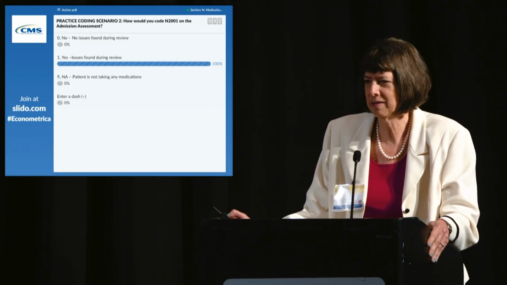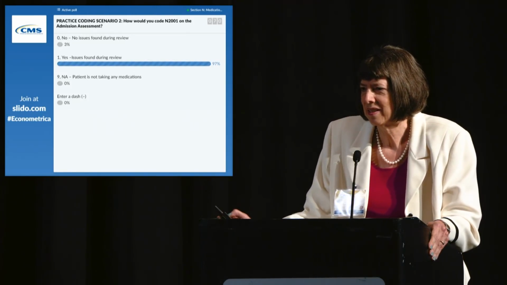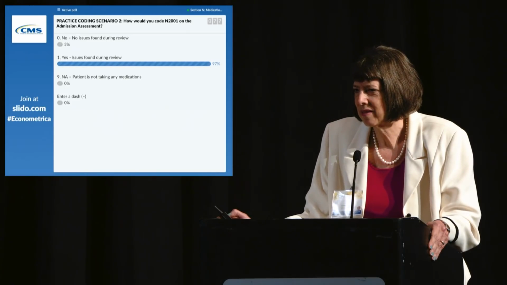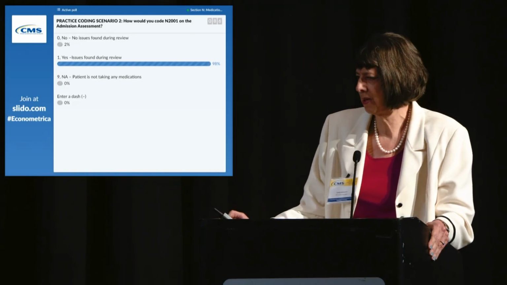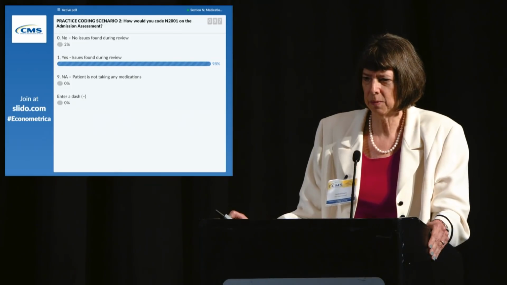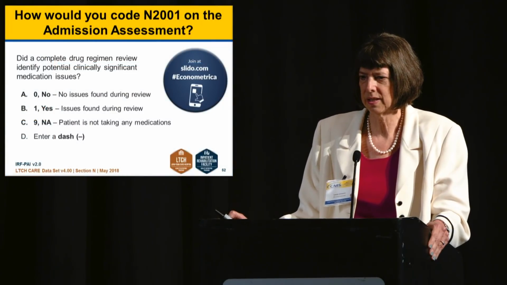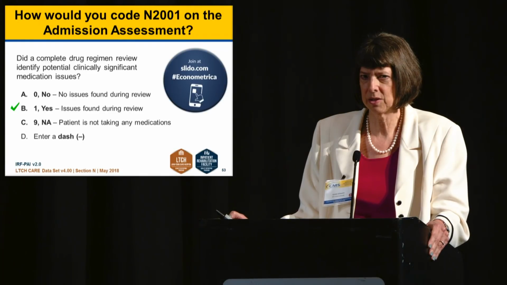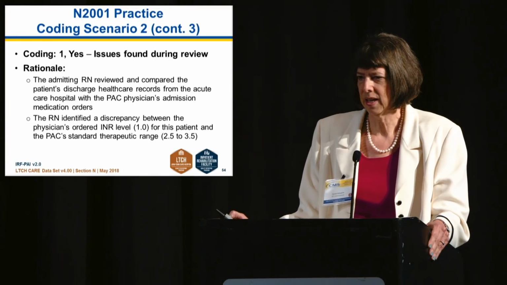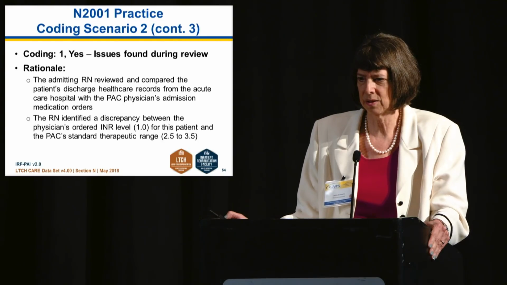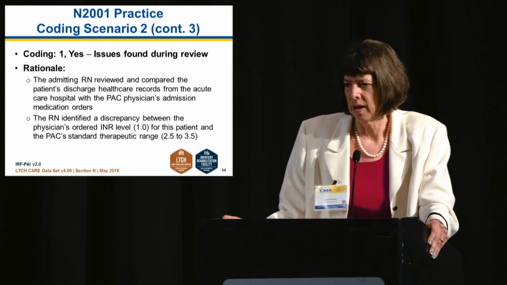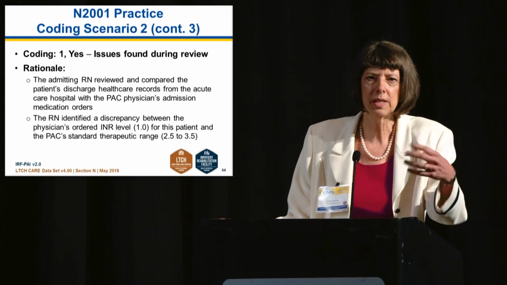A resounding, looks like 97, 98% of you are saying yes. Let's see what the actual answer is. And it is, yes, of course. The issues were found during the review. And we understood, I think, this one pretty thoroughly, that the nurse reviewed and compared the records from acute versus the PAC hospitals.